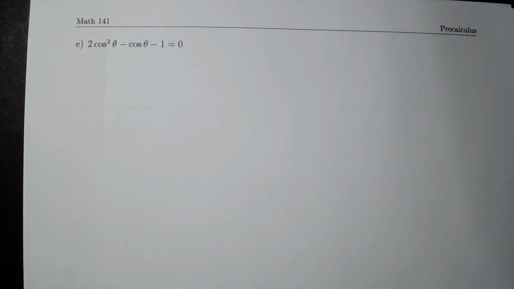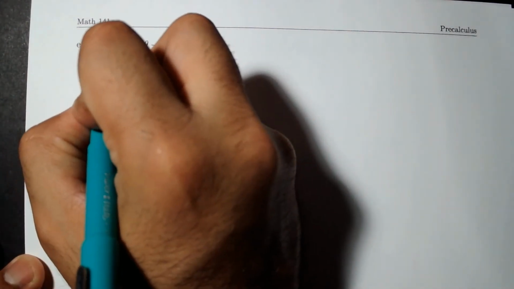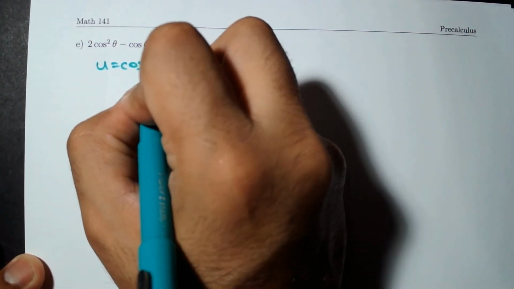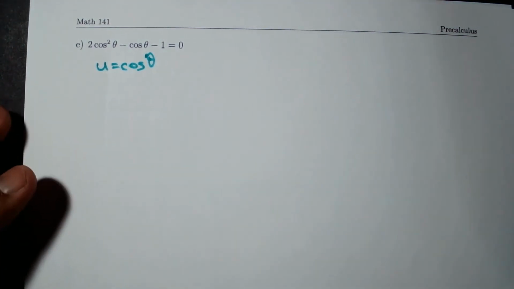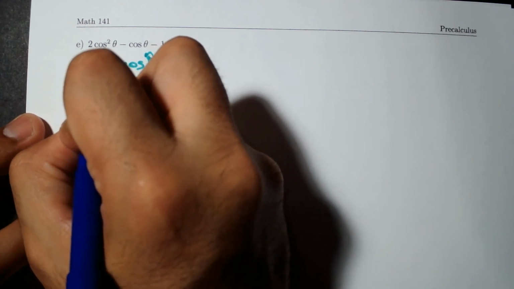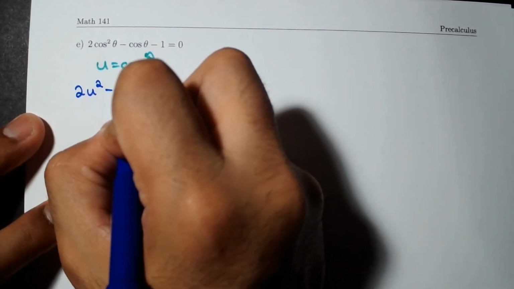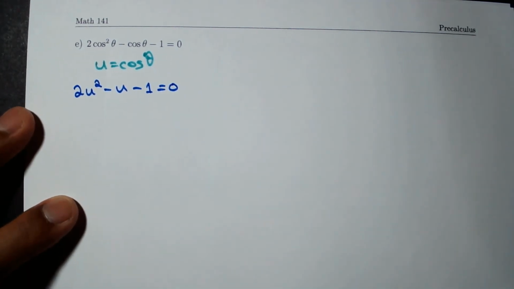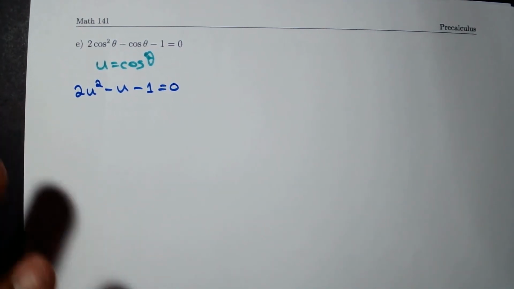Number one, what I'm going to do here is a substitution in which u equals cosine theta. That means this is going to be 2u squared minus u minus 1 equals 0. Then we're going to factor this polynomial.